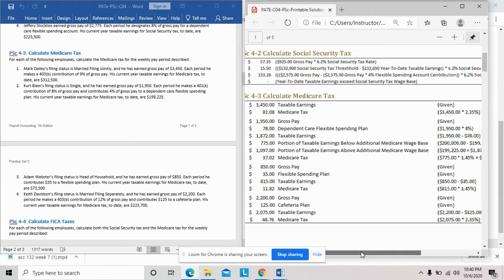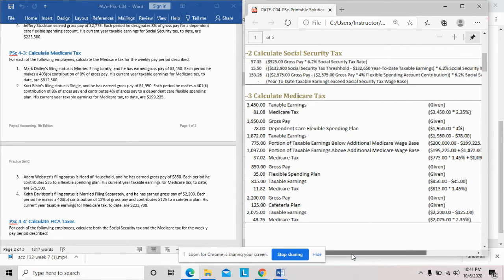So for problem 4, we have Keith Davidson, filing status is married, filing separately, gross pay of 2,200. Each period he makes a 403b contribution of 2% gross pay and contributes $125 to a cafeteria plan. His current year taxable earnings for Medicare tax to date is $223,700.